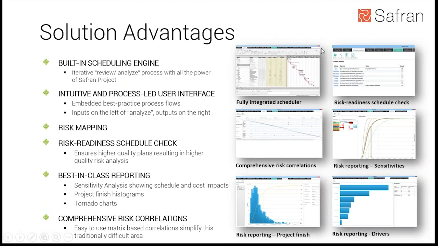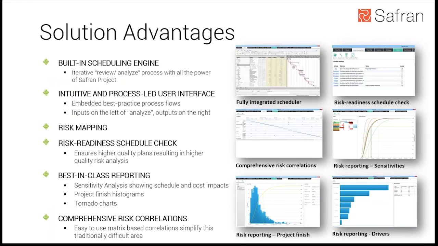So just to summarize, why Safran Risk? Well, there are many benefits that Safran Risk offers to risk and project professionals tasked with the challenge of ensuring project predictability. The built-in scheduling engine, Safran Project, gives fast performance and ease of use. An easy-to-understand process-led user experience, as you've seen in the demonstration, allows us to flexibly capture best practice.